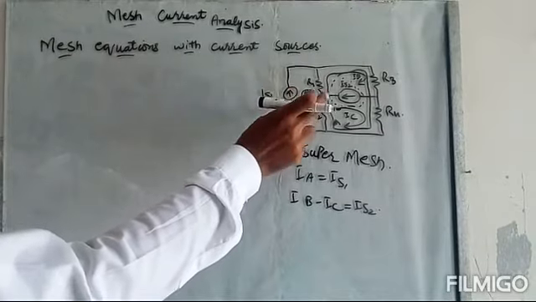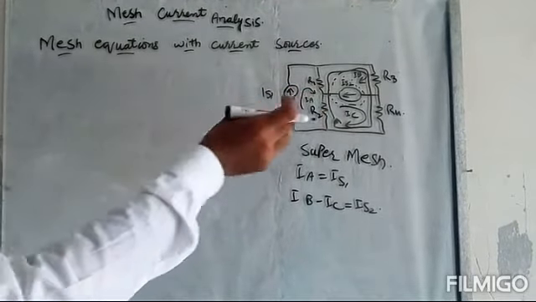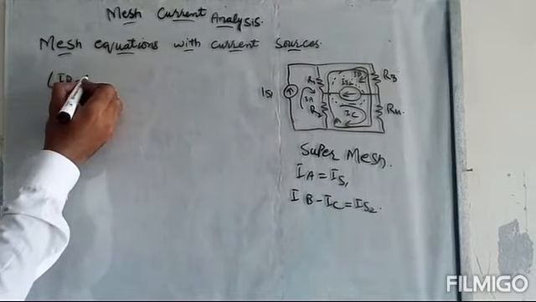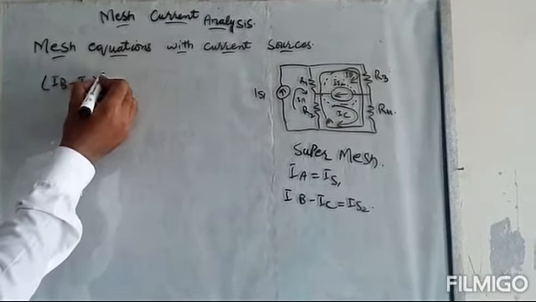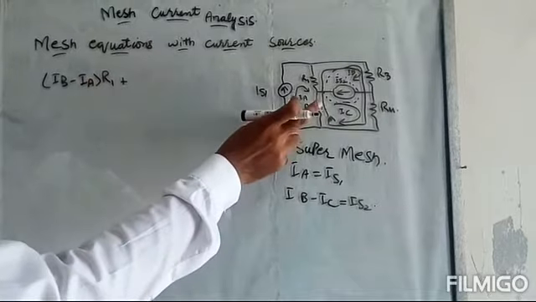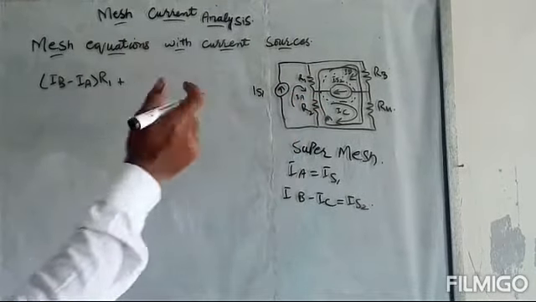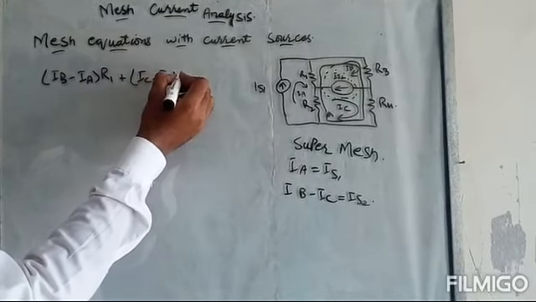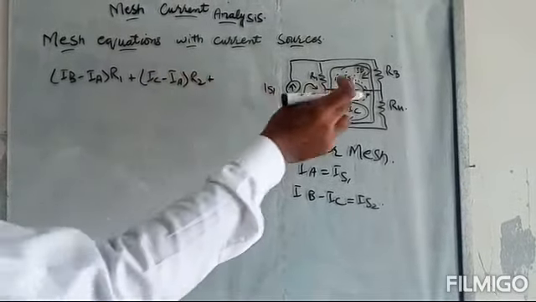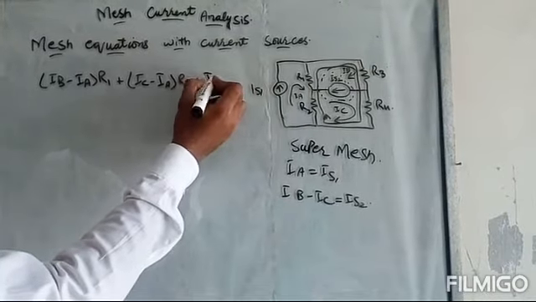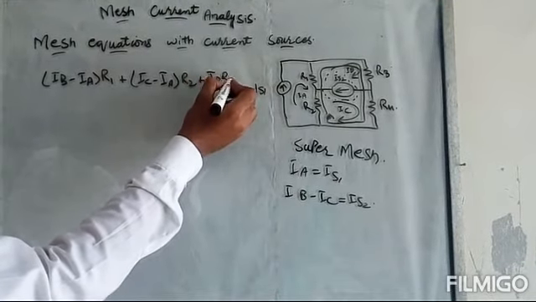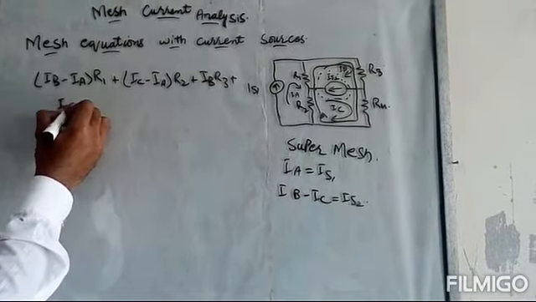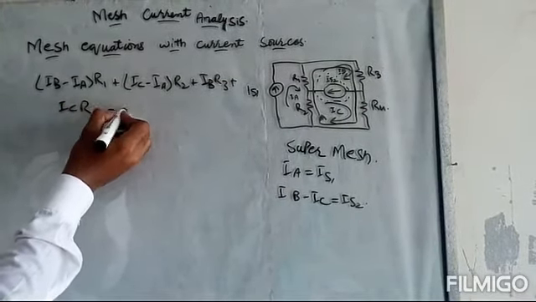R1 has IB minus IA, multiplied by R1, plus IC minus IA multiplied by R2, plus IB multiplied by R3, plus IC multiplied by R4, is equal to 0.